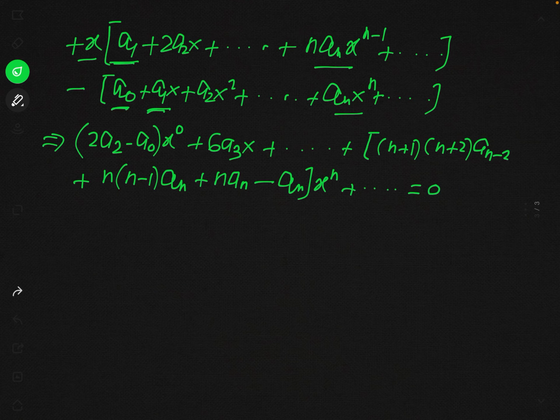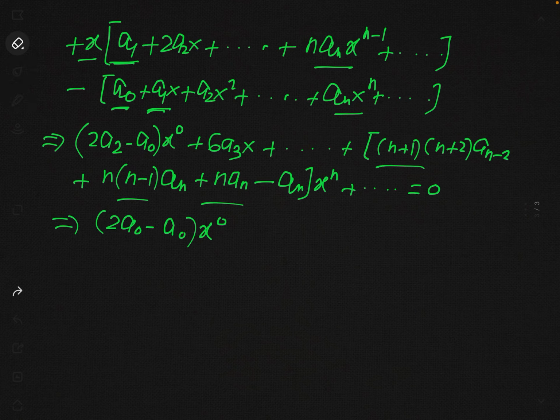Let us simplify these terms to some extent. You can see that this will be 2a2 minus a naught, into x to the power 0, and there is no need to write this x to the power 0 here.